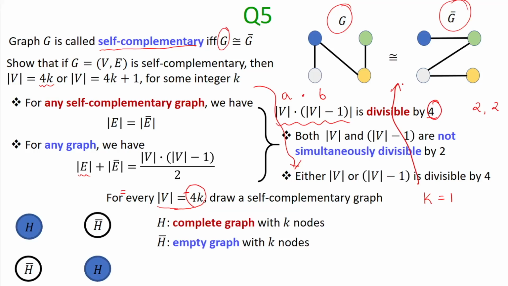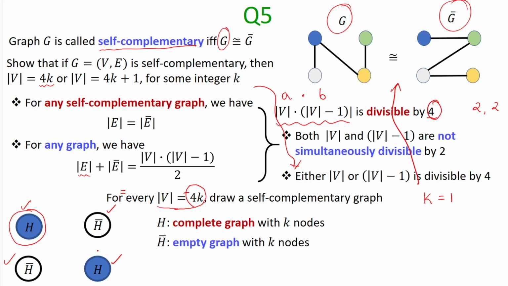So what I do here is I take 4 groups of k nodes, and those 4 groups of k nodes are disjoint. So this is my first group, this is my second group, this is my third group, and this is my fourth group. Okay, now this group of k nodes denotes a complete graph with k nodes. That means you have an edge between every pair of distinct nodes in this group.